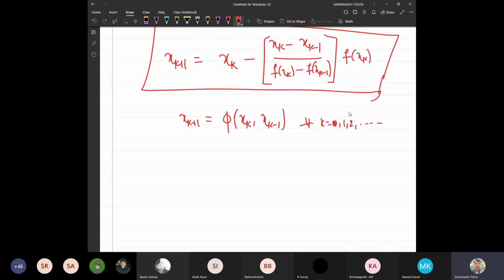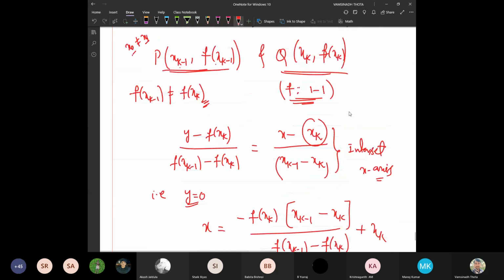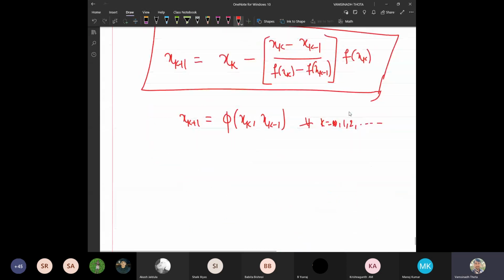And what about the stopping criteria? The stopping criteria is the same. If you want to go by the number of iterations, you can stop it. But if the error tolerance epsilon is given, then there are 3 different ways to stop the process.